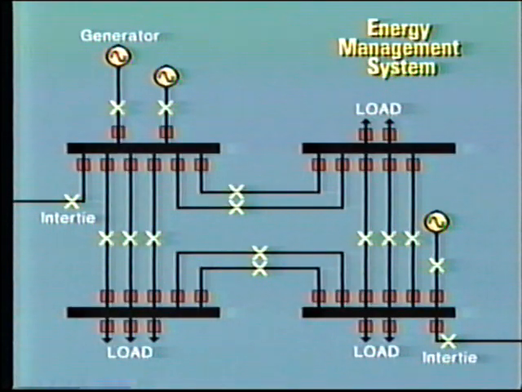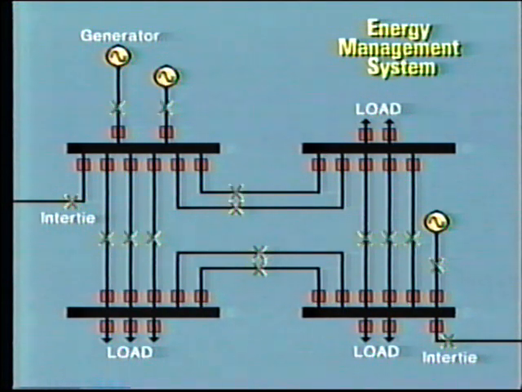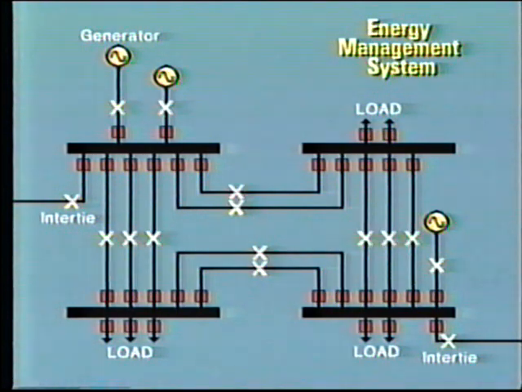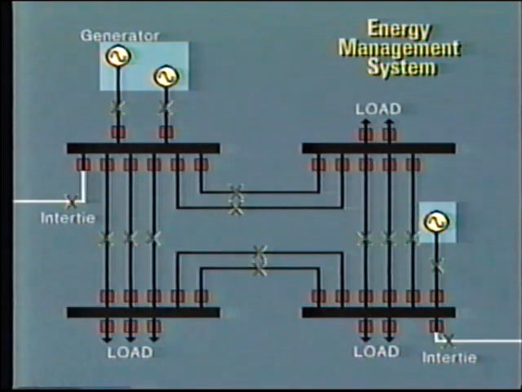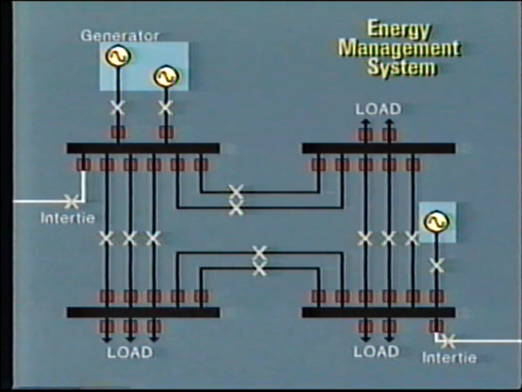First, in energy management of the high voltage power system. Typically, an energy management system, EMS, is used to monitor load and reactive power flows at different parts of the system, including power stations and interconnections with neighboring utilities.